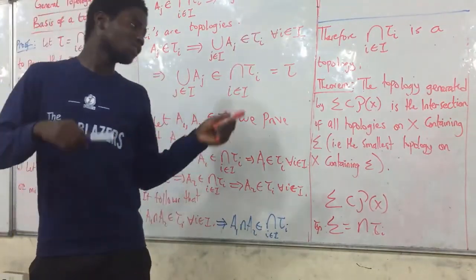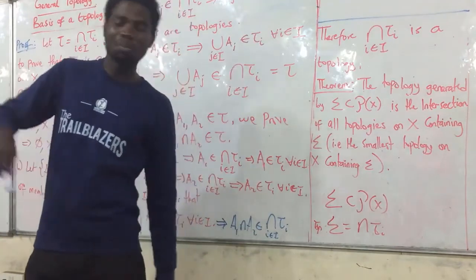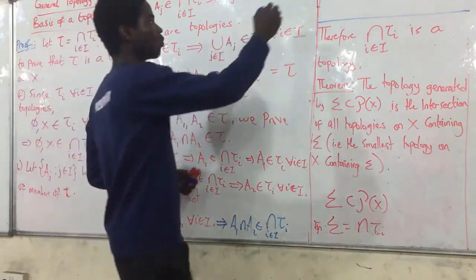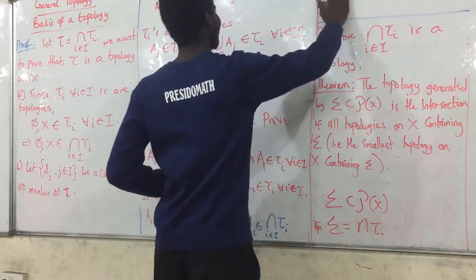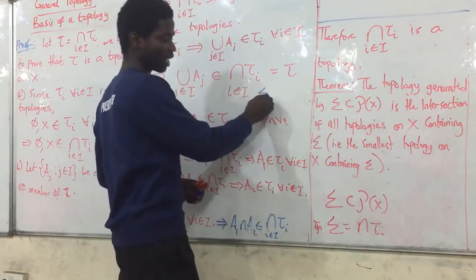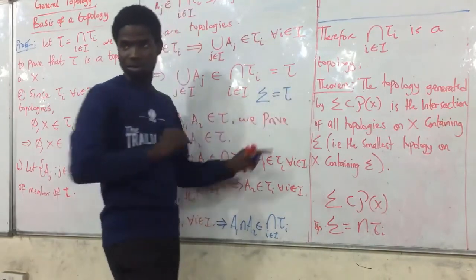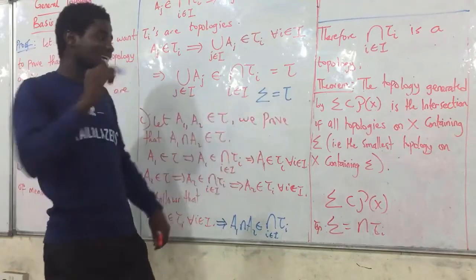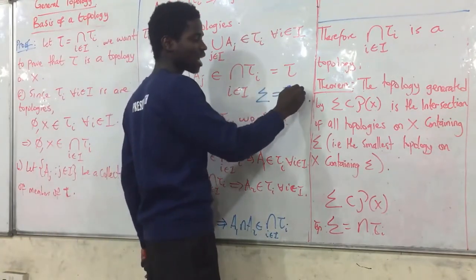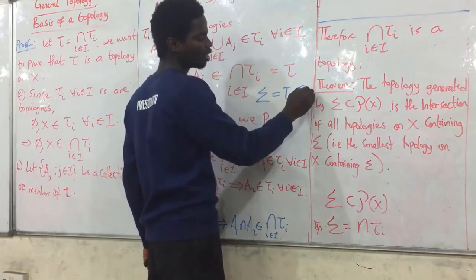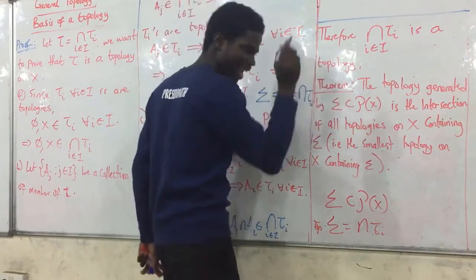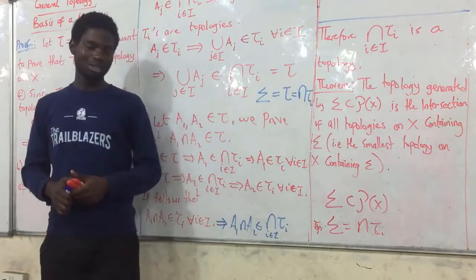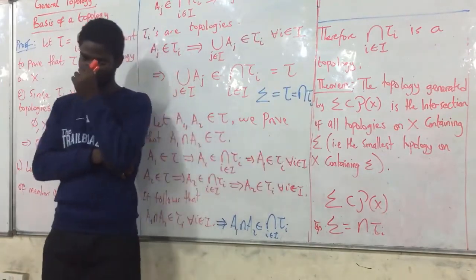But now the sub-basis is a subset of the power set, and the topology this generates, let's say tau, is equal to the intersection of all the topologies you can define on X containing the sub-basis.